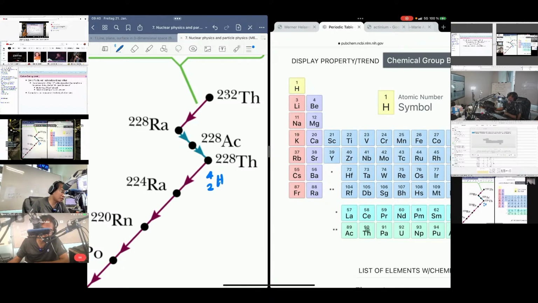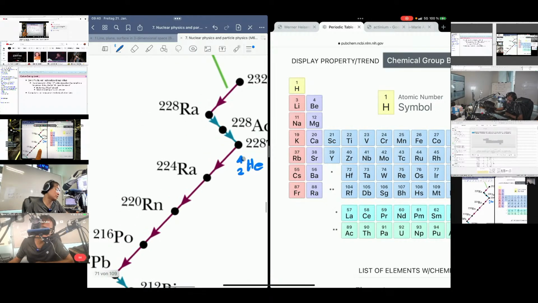We get back to radium-88, with 88 protons, which has only 224 nucleons. Sorry, this is helium, not hydrogen. And this is the process of alpha particle emission. Now radium-224, which has 88 protons, throws away helium-4, the alpha particle again. They throw away 4 nucleons from 224 to become only 220.